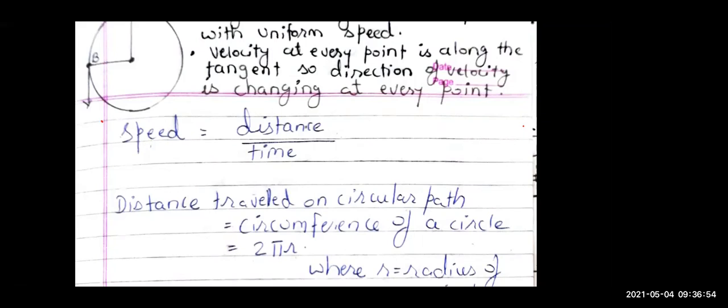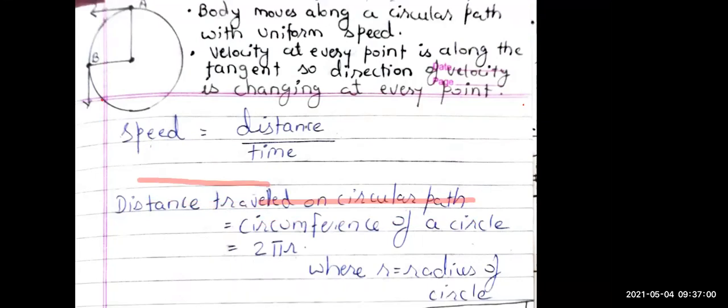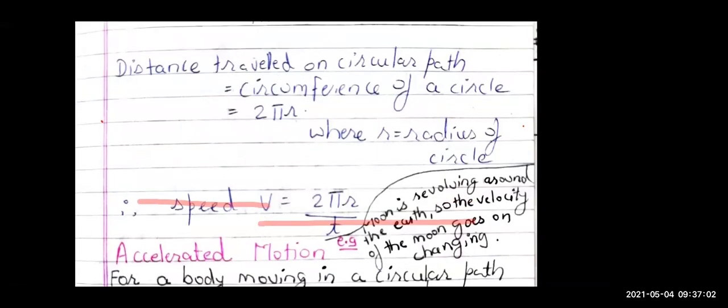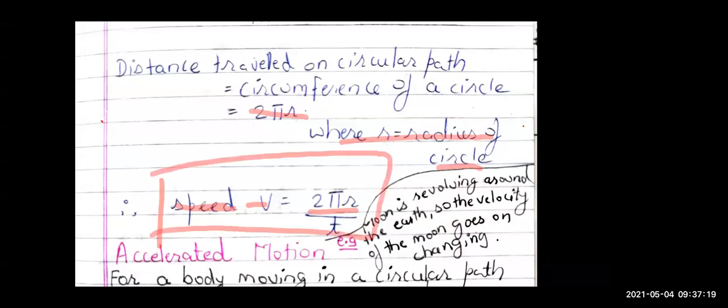So, on a circular path, the distance traveled equals the circumference of the circle, whose value is 2 pi r, where r is the radius of the circle. So we can write speed, denoted by v, as distance upon time. Distance is 2 pi r, time is t.